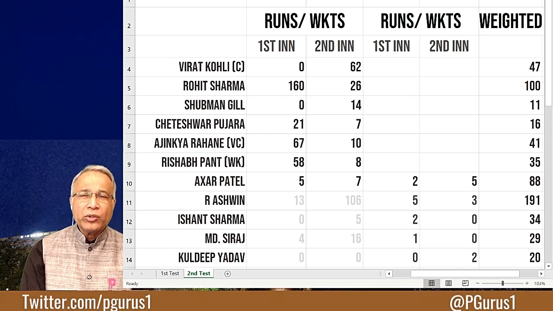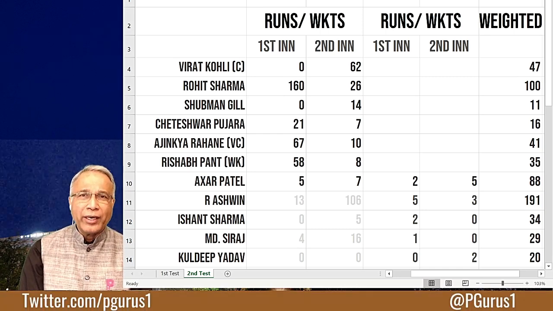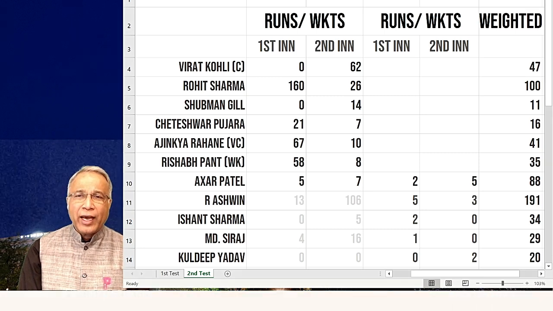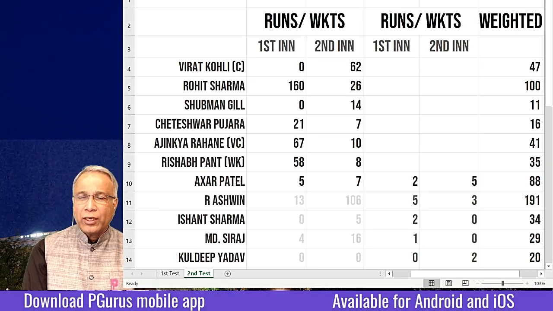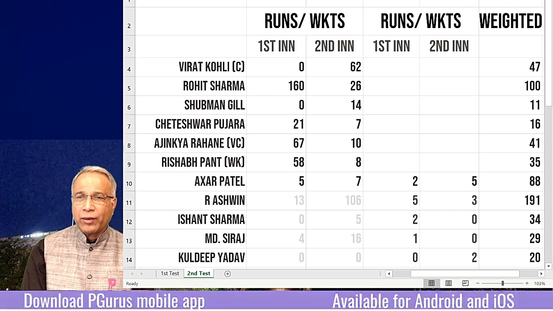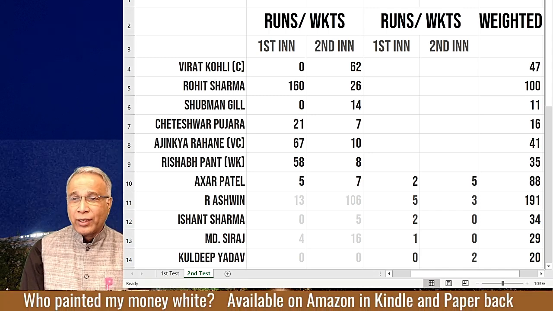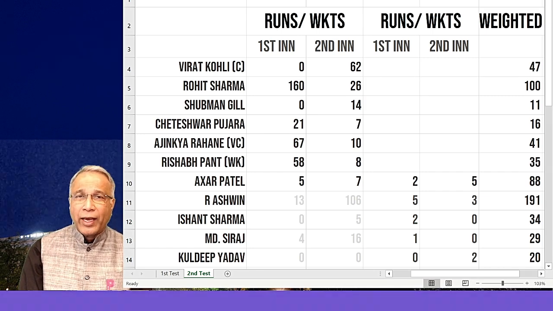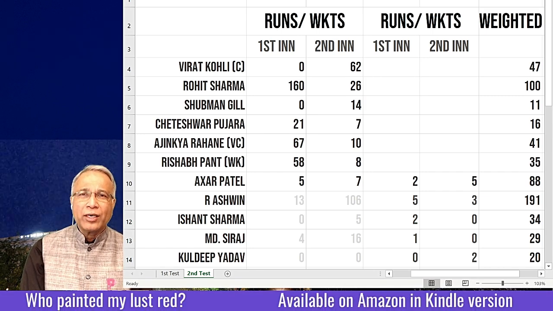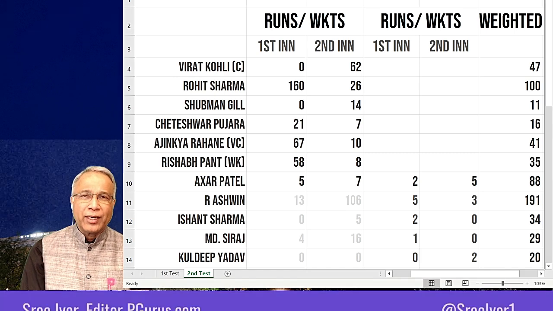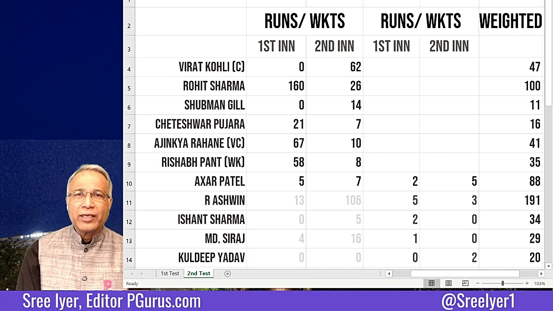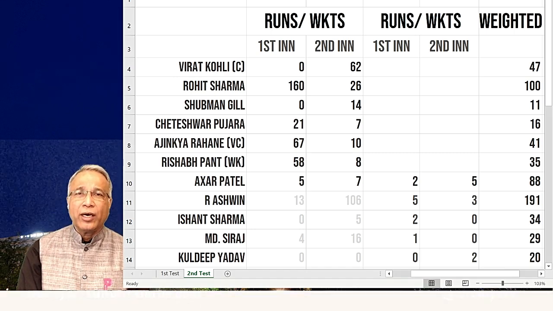With those things in mind, I did a weightage of the second test, and you see some very interesting numbers. Rohit Sharma has got 100 and Ashwin has 191. And you may say, how come he has got such a big number? Think about this, guys. Anytime somebody gets a fifer, that is considered as 100.